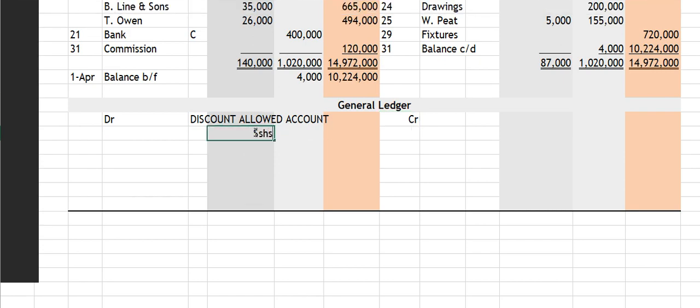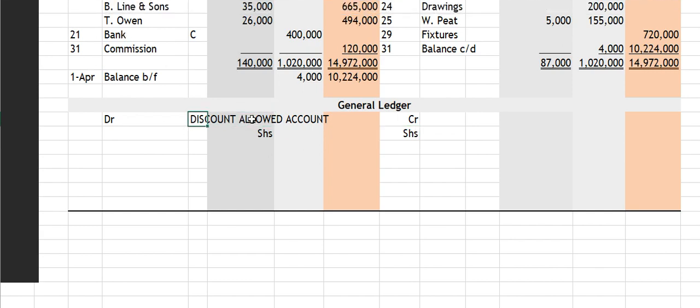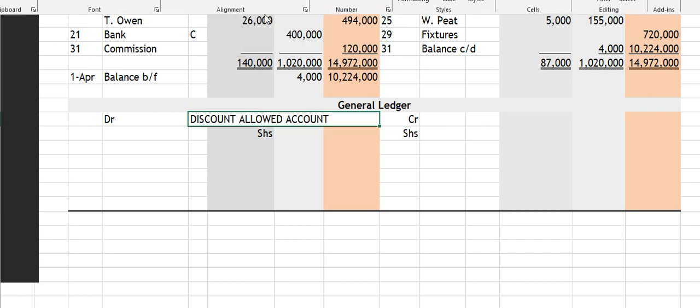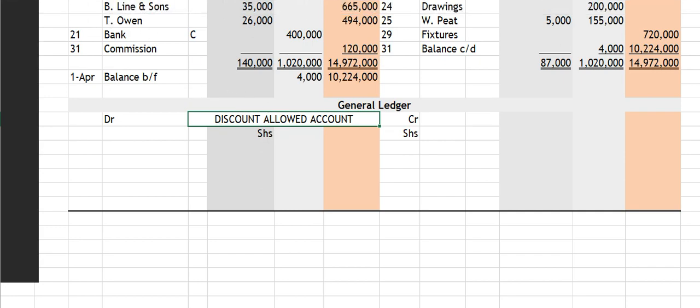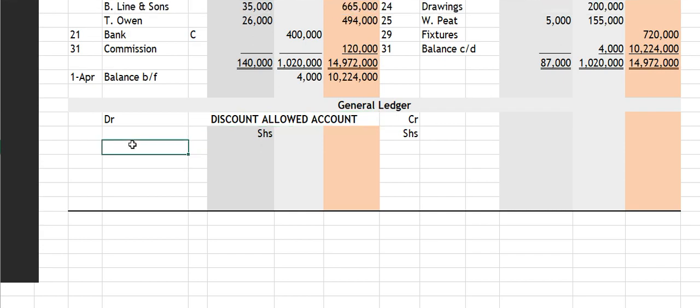I'll put shillings, and then shillings. Now what do we enter in a discount allowed account in the general ledger? You'll debit the account with the total discounts for the period.